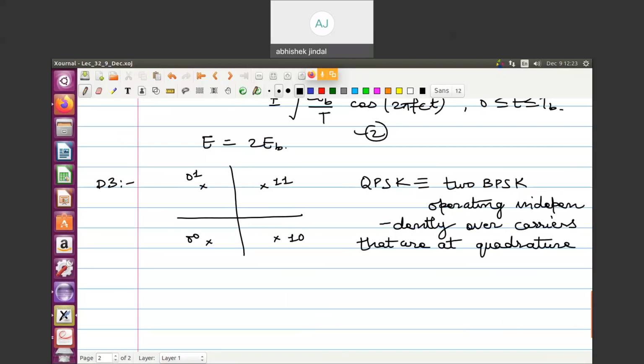It means the cos and then sine. Sine is pi by 2. Pi by 2 is nothing but 1 by 4 of 2 pi. So for 2 pi the quadrature is pi by 2. So they are operating independently over carriers that are at quadrature.